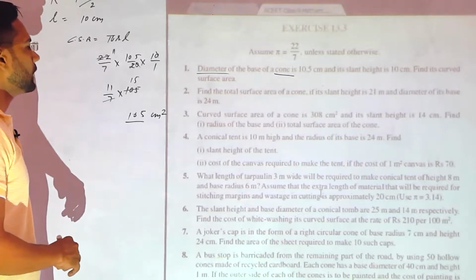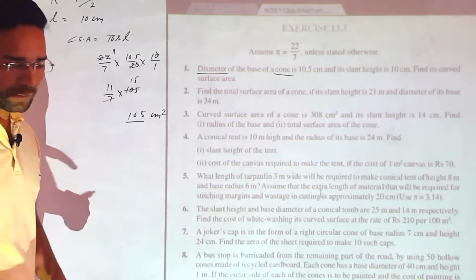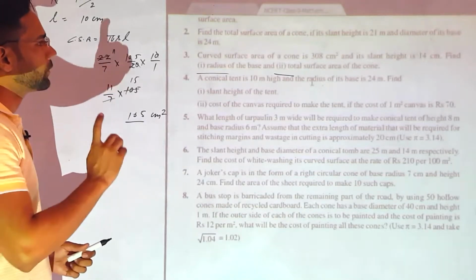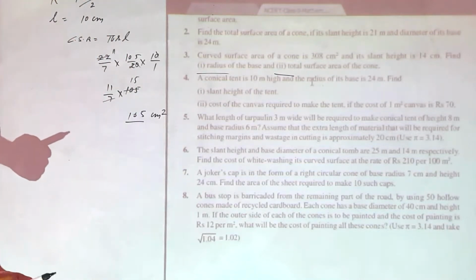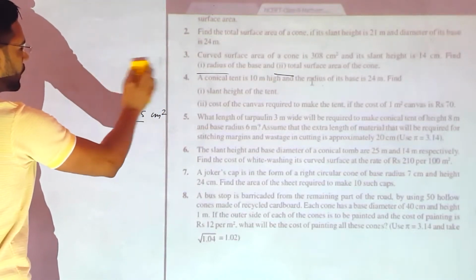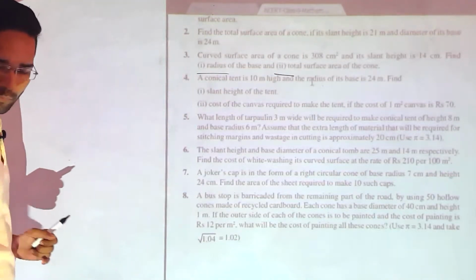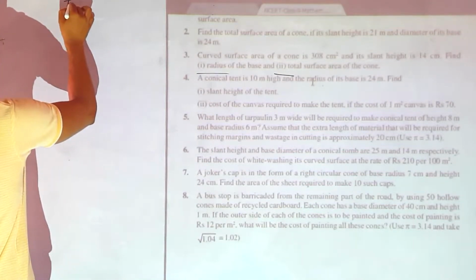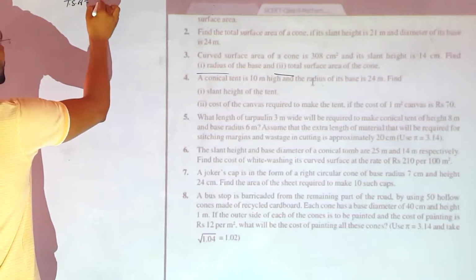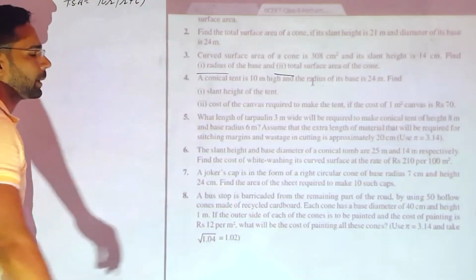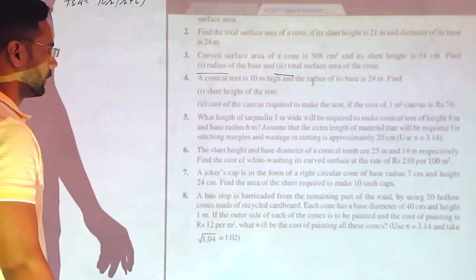Okay. Question number second is there. Find the total surface area of a cone. Total surface area of the cone, TSA. And do you know what is the formula of TSA? It will be pi r (r plus L).